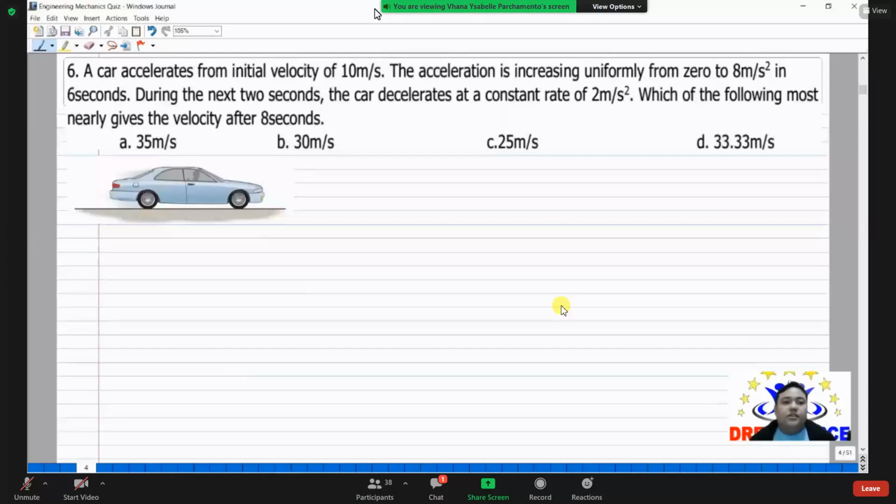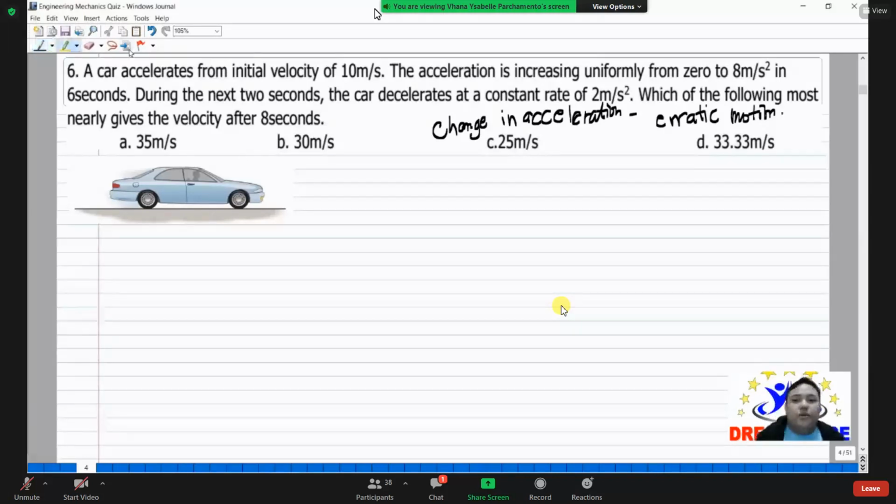Kapag erratic yung motion natin, kailangan nating i-graph yung AT curve, VT curve, or even yung ST curve natin para makasolve tayo ng mga changing acceleration problems. During the next 2 seconds, nagbago na naman siya at a constant rate of 2 meters per second.